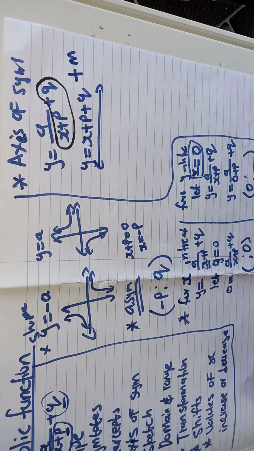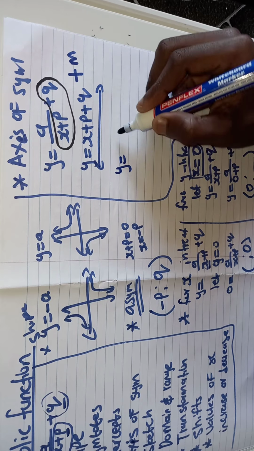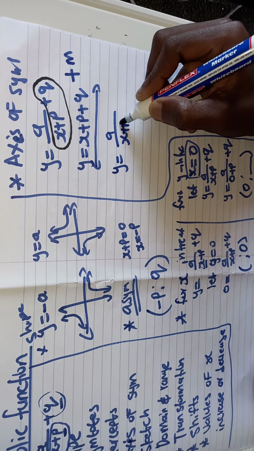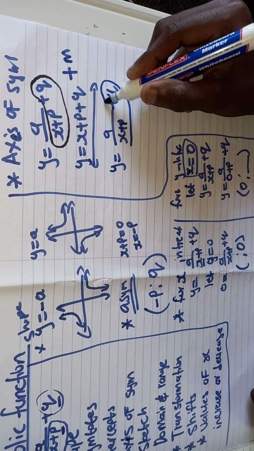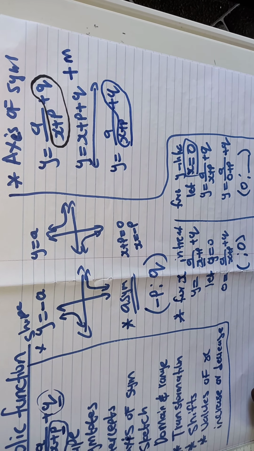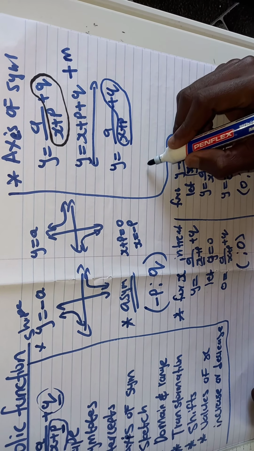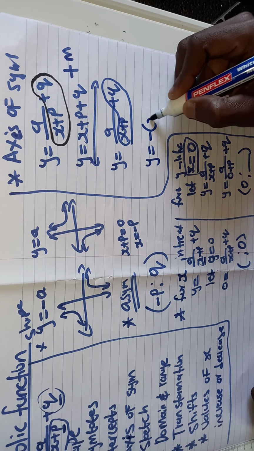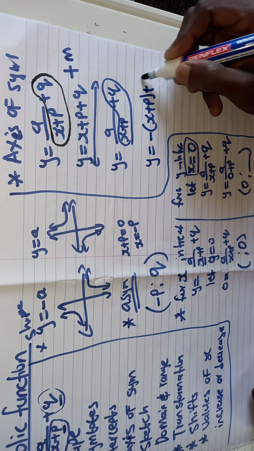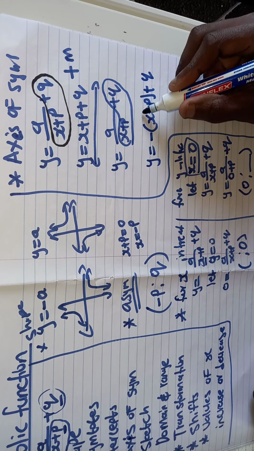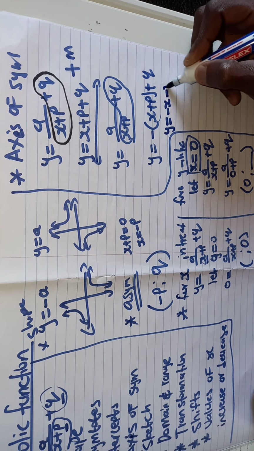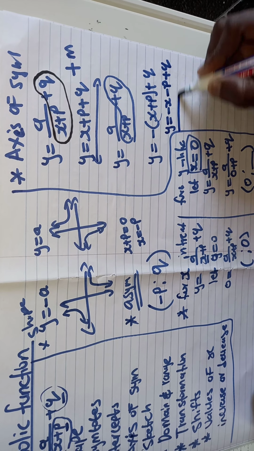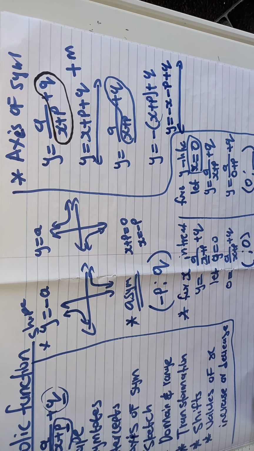For negative gradient, we're gonna have y equals negative x plus p plus q. Same thing, you just take this and equate to y, but now we are talking about negative gradient. We're gonna have x plus p plus q, which will affect our gradient here: negative x, negative p plus q. There is our equation, axis of symmetry.